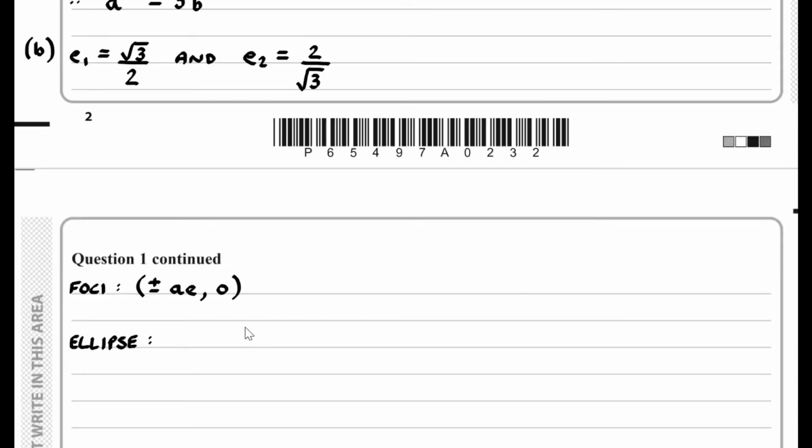So if we consider the x-coordinate of the foci of the ellipse, we'll call it xf, that's equal to ae.